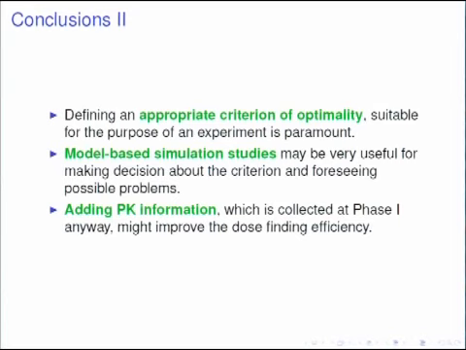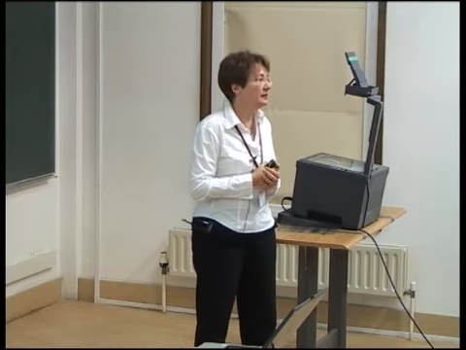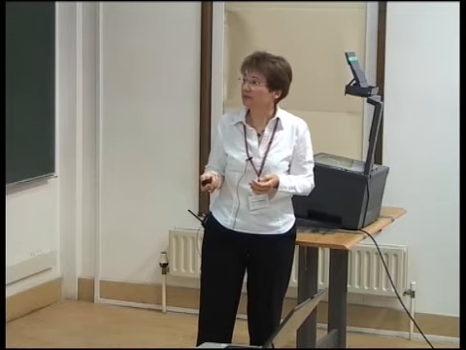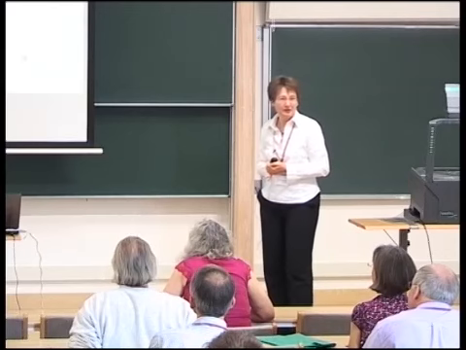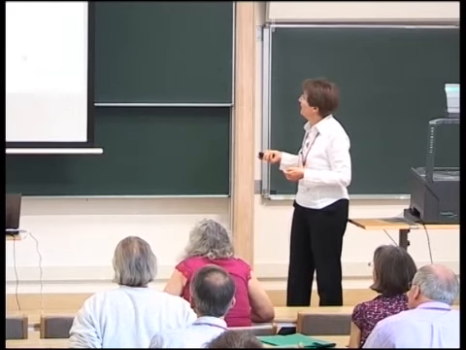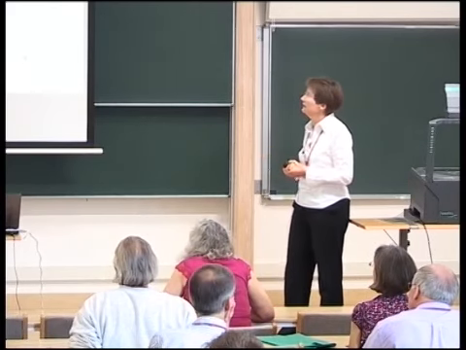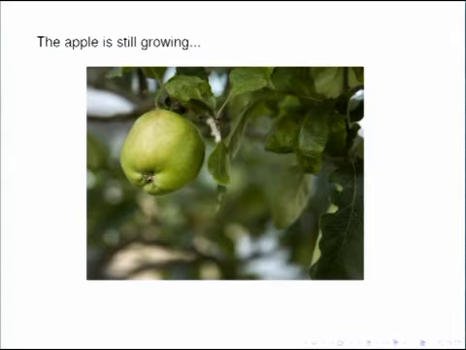And another thing which we would like to pursue further is adding some pharmacokinetic information, which is anyway collected in phase 1 studies, and this might improve the dose finding efficiency. So the further studies are being discussed, as you can see here. That's Matthew's work, a discussion with me a couple of days ago. And the apple is still growing. Thank you very much.